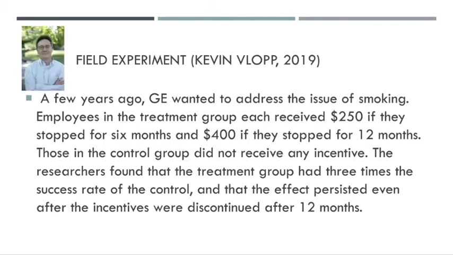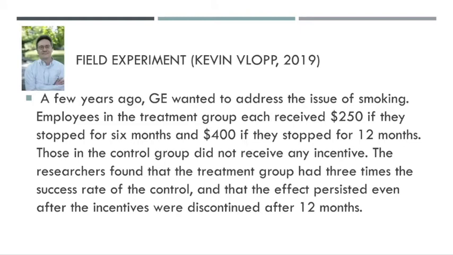Another study is about anti-smoking behavior, to help GE address the issue of smoking. The employees in the treatment group each received $250 if they stopped for 6 months, and $400 if they stopped for 12 months.